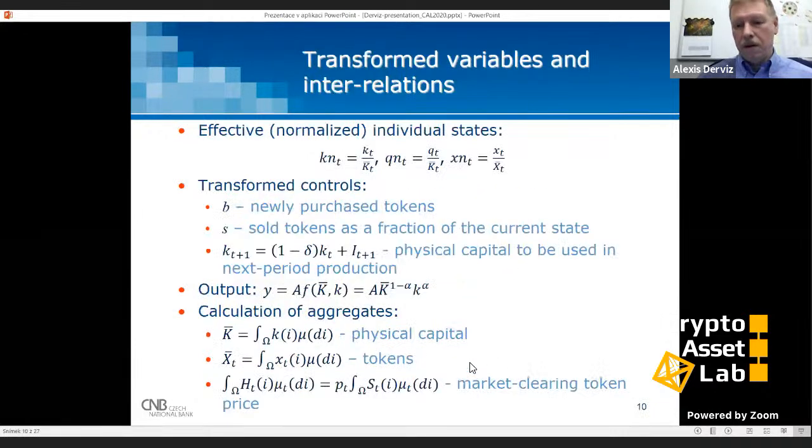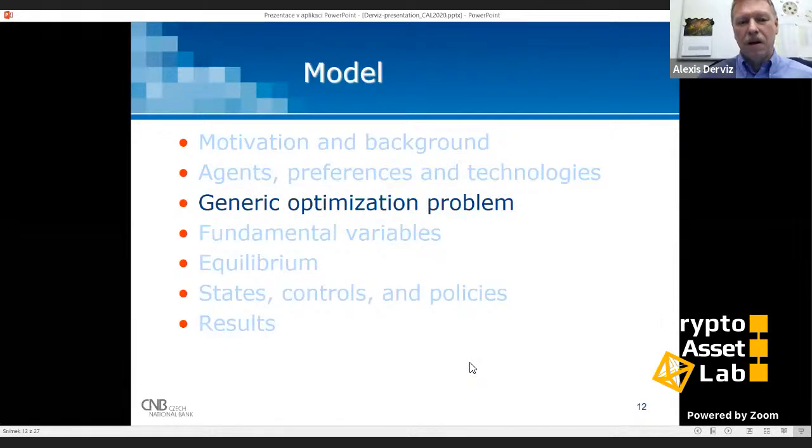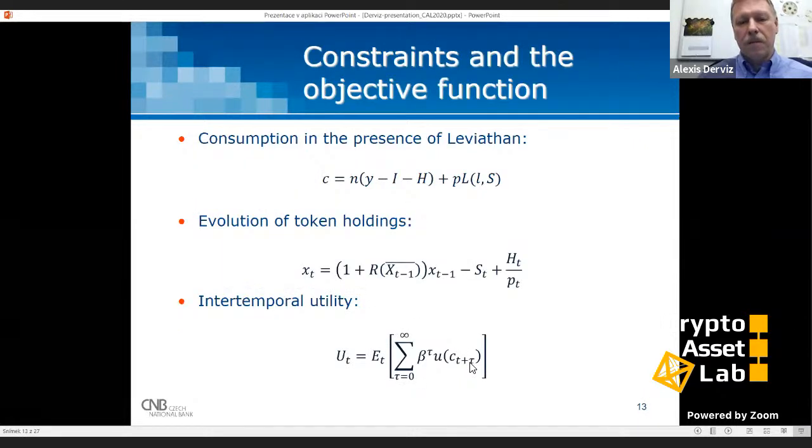So here are the mathematical things that I probably can skip. If you are interested, you can look at the paper. So something more general about how this model works.